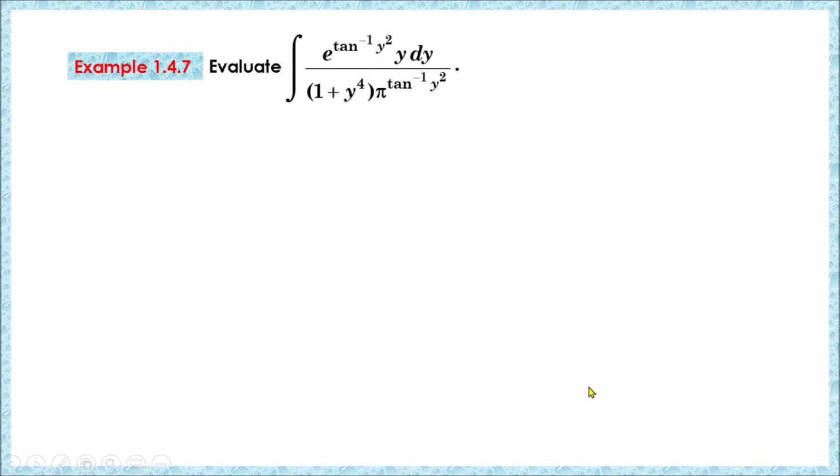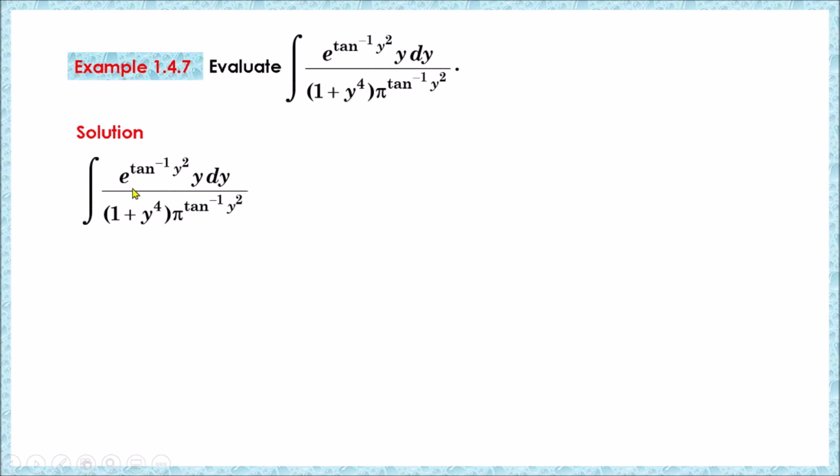Example 1.4.7. Evaluate the integral of e to the tangent inverse of y squared multiplied by y dy over 1 plus y to the fourth multiplied by pi raised to tangent inverse of y squared. Solution.